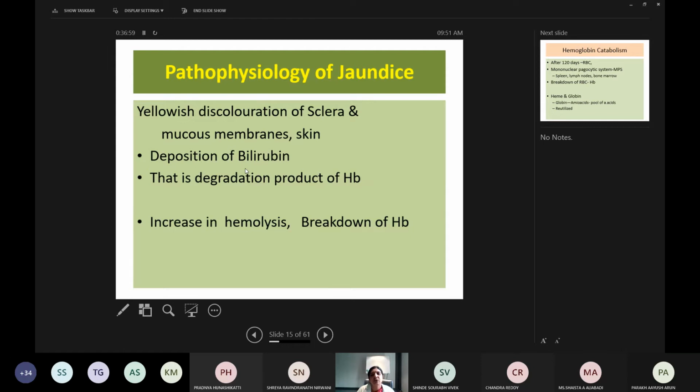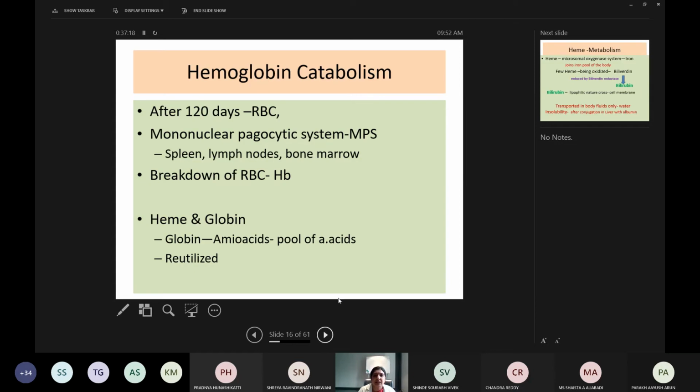Bilirubin is the degradation product of hemoglobin, and then we have to classify the cause of jaundice. If it is pre-hepatic, it will most of the time be because of increased hemolysis, that is, breakdown of hemoglobin. To understand jaundice, we should know a little about the catabolism of hemoglobin.